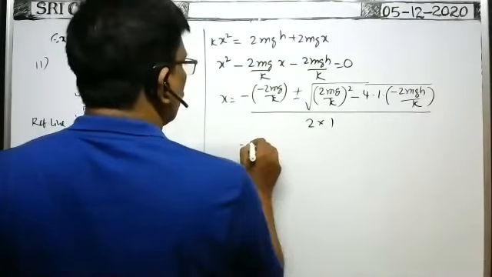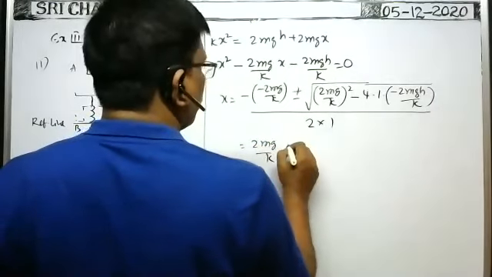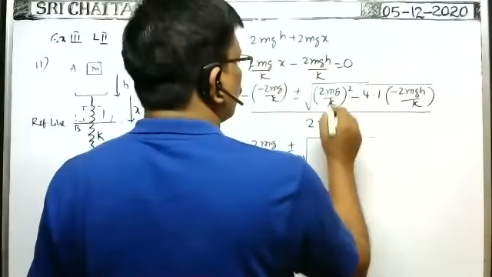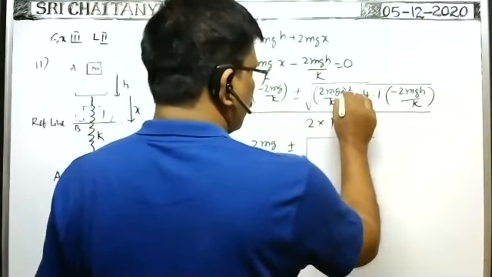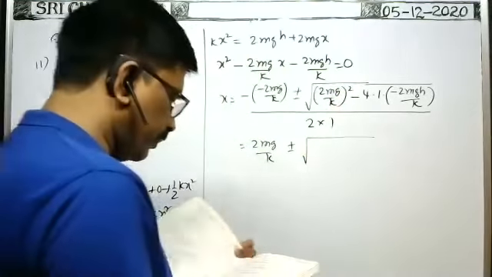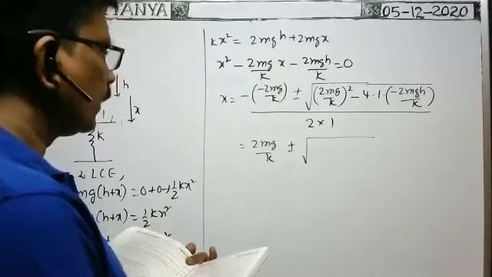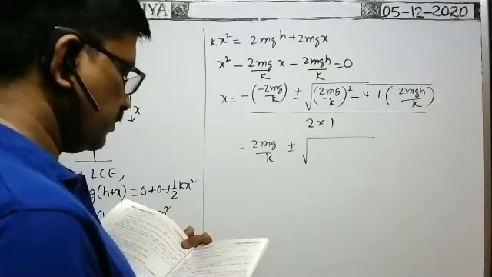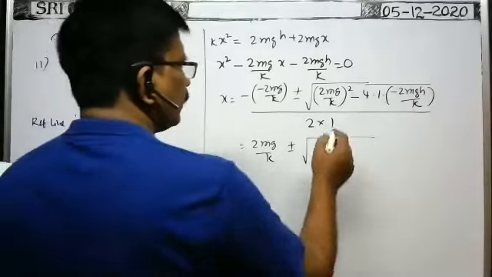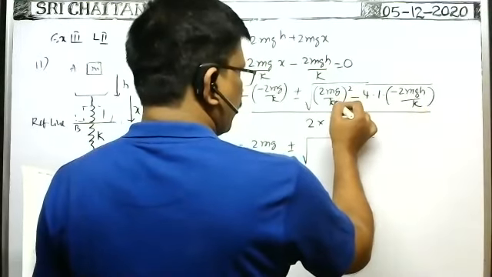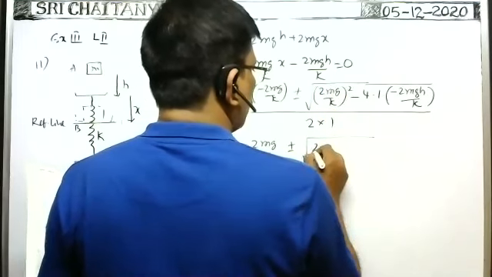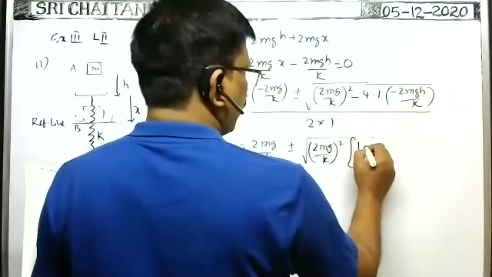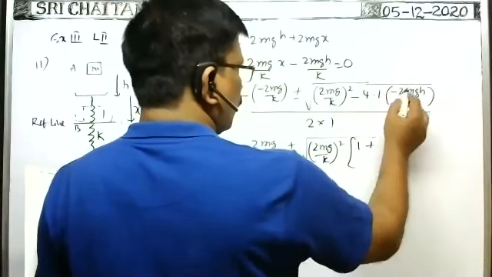So this is equal to 2mg by k plus or minus square root of 4m square g square by k square. Okay, here 2mg by k, here there is 2mg by k, here also there. You take 2mg by k whole square common, then you get 1 plus 2mg by k.